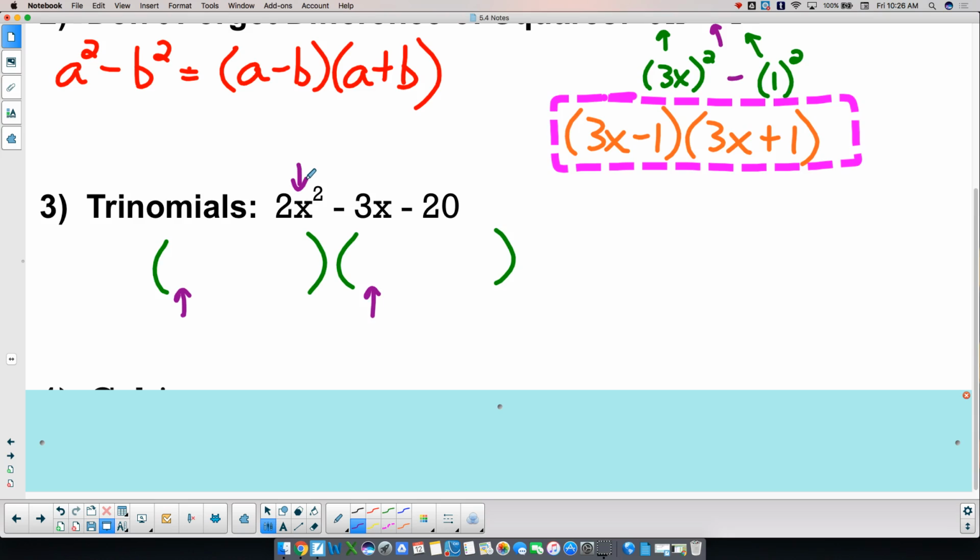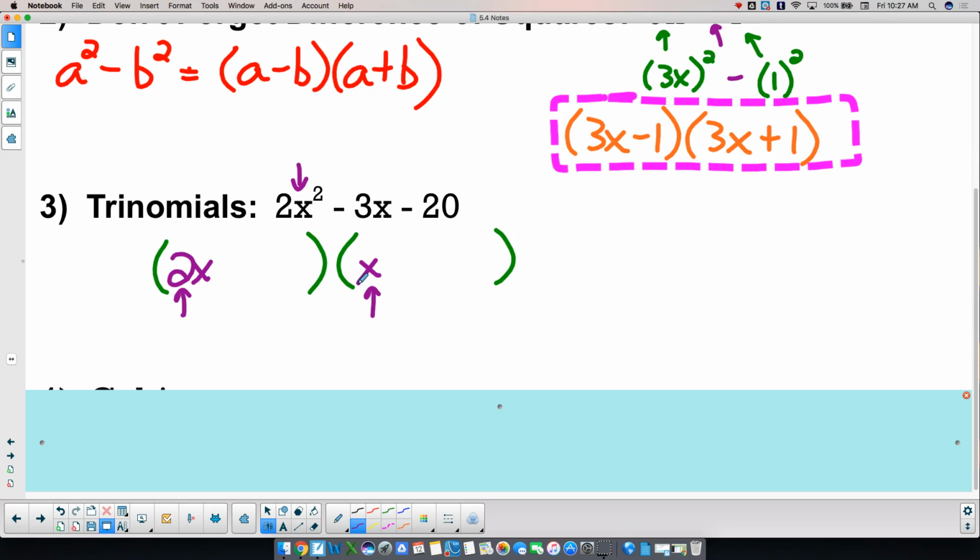Does it matter if I put 2x first and 1x second, or can I put 1x first and 2x second? Doesn't matter. But my only choices there, in this particular one, are 2x and x. What if I had something like 6x squared? Could be 3 and 2, could be 1 and 6, right?